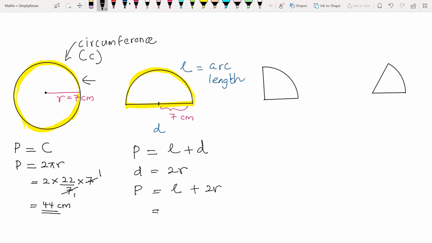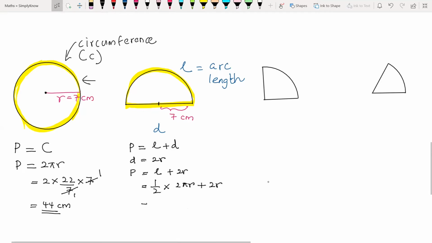Now, what is the arc length of this semicircle? Now, we know that the total length of the circle is 2 pi r. And this is exactly a half of the full circle. So, it has to be half of 2 pi r. And also we need to add 2r.